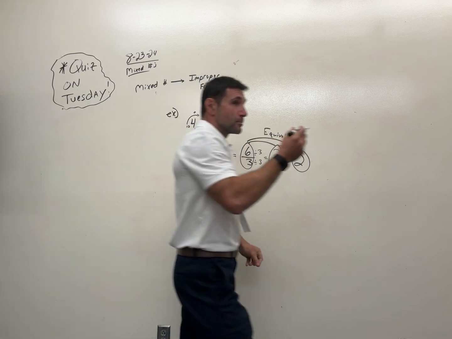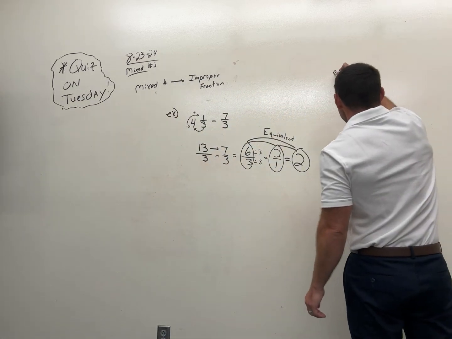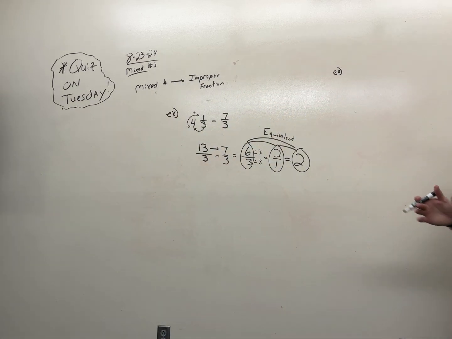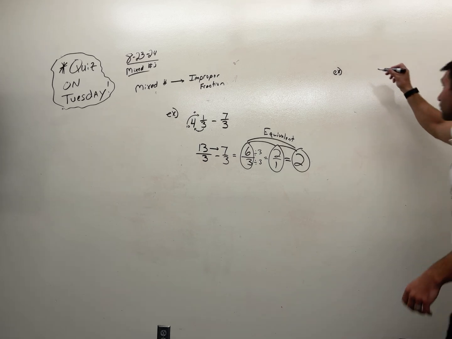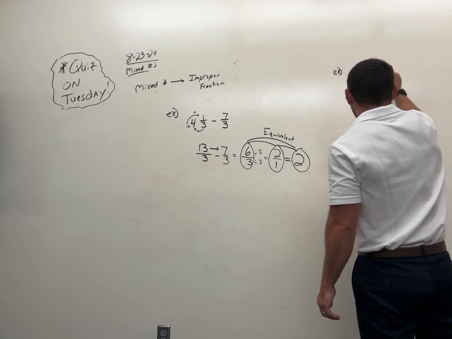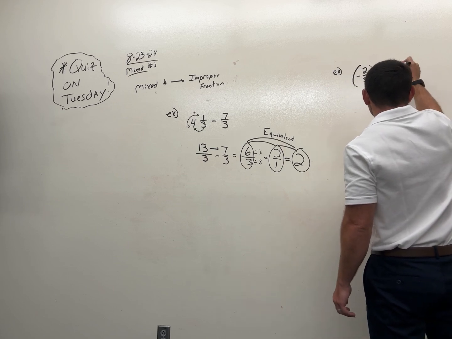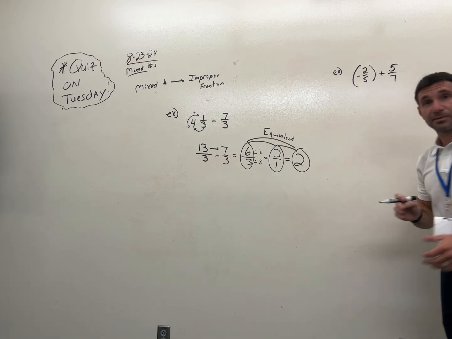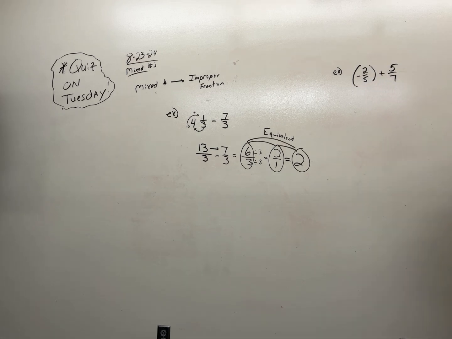No, I just accidentally wrote 3. Okay. I mean 2. Let's do another one. Because it's not just going to be mixed numbers that we're dealing with. Negative 2/5 plus 5/7.